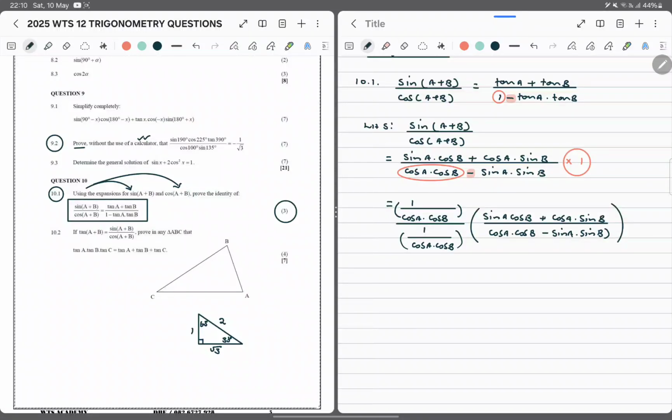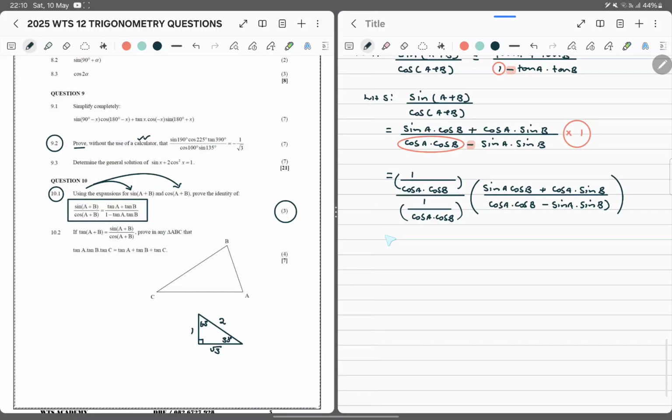All right, so this is what we have, guys. And guess what? The numerator will multiply into the numerator. The denominator will multiply into the denominator.